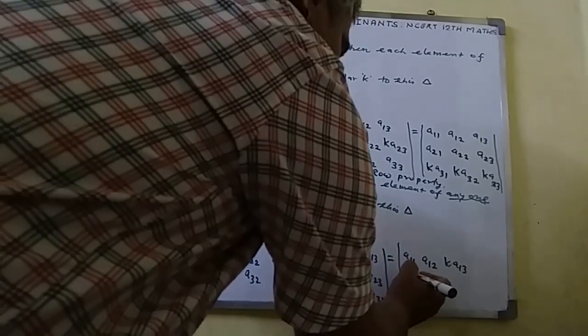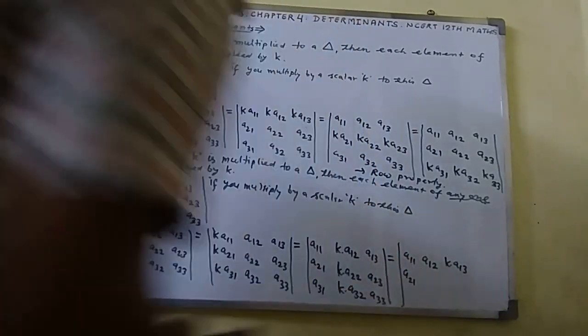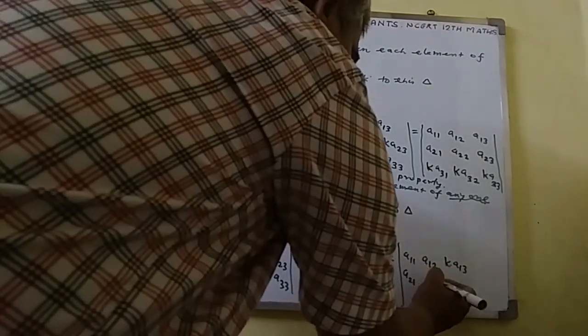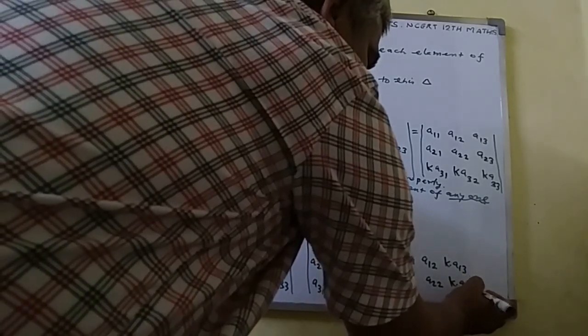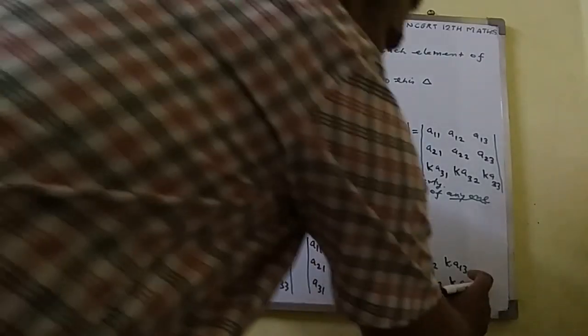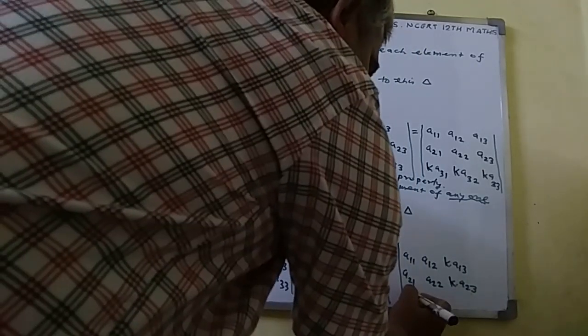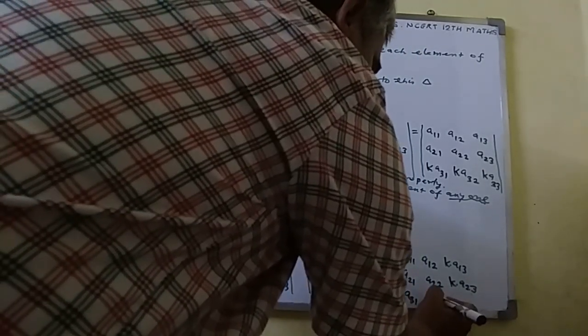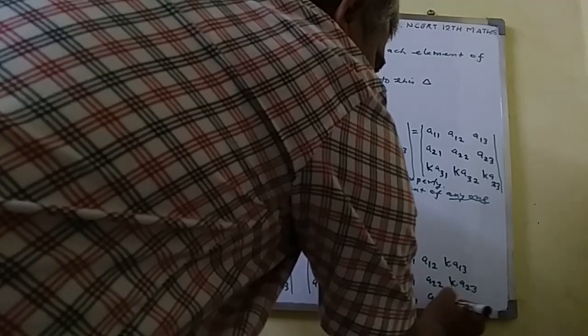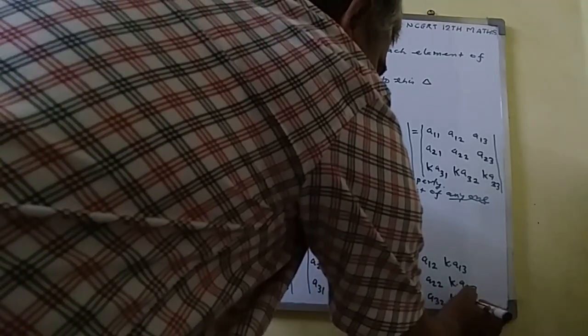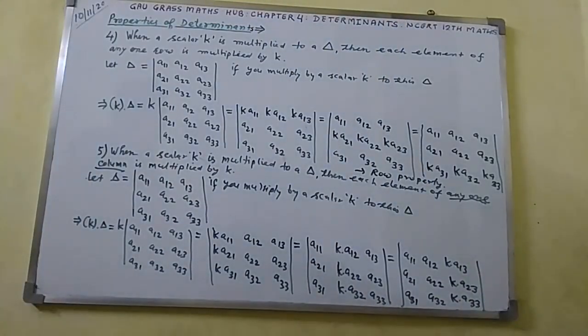So a13, a21, a22, k a23, it will become a31, a32, k a33, it will become.